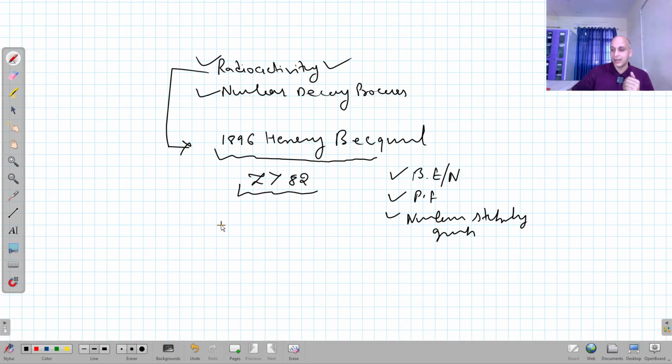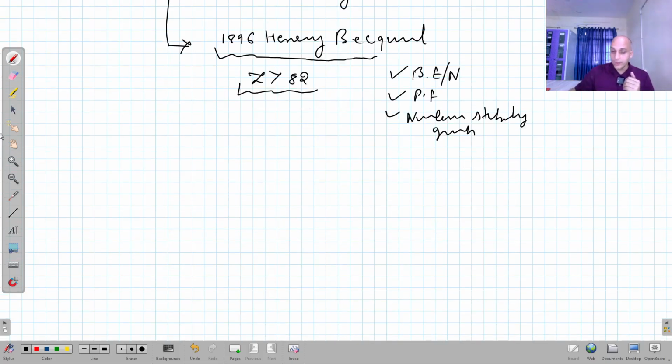We have seen the graph of binding energy per nucleon. I am showing it to you once again. I am drawing a similar graph for understanding. You might remember that graph was of this type.